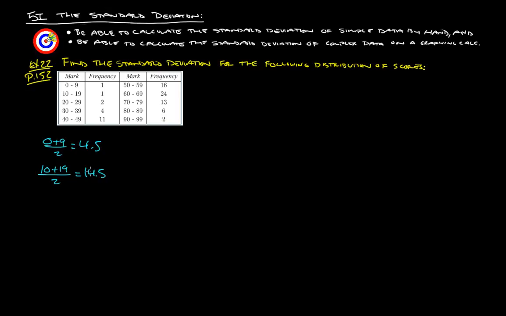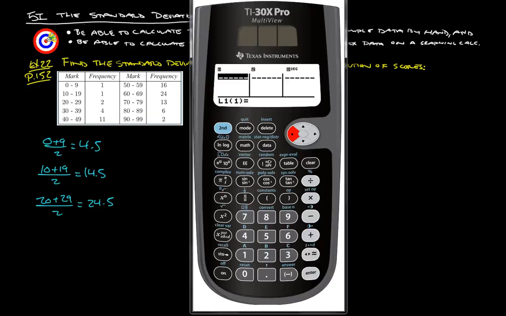And again, let's just do one more. 20 plus 29 divided by 2, that's 49 divided by 2, which is 24.5. And hopefully you can start noticing, oh look, 4.5, 14.5, 24.5. So these other ones here are going to be 34.5, 44.5, so forth and so on, all the way up to the top.